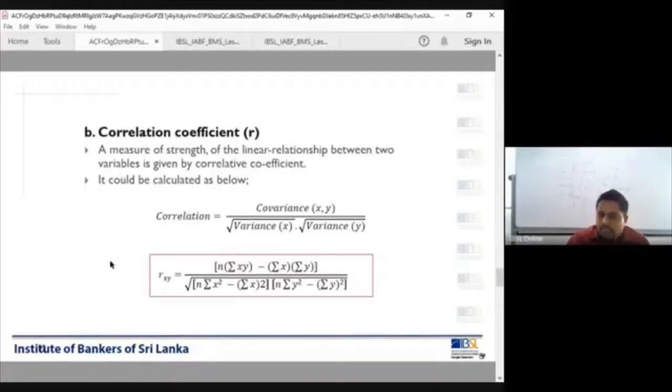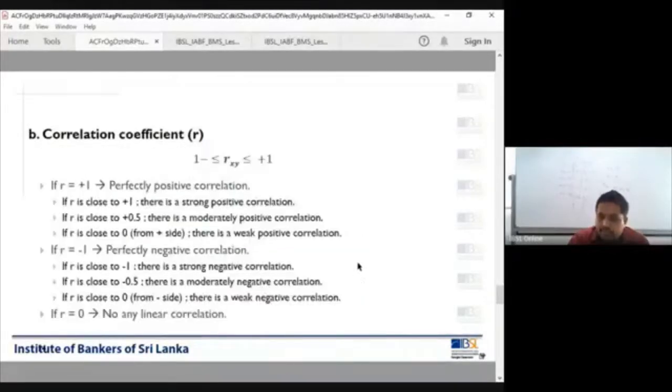In contrast, when you calculate the correlation coefficient of Rxy, you may find a relationship that whatever the Rxy that you will calculate will have a value ranging from +1 to -1.